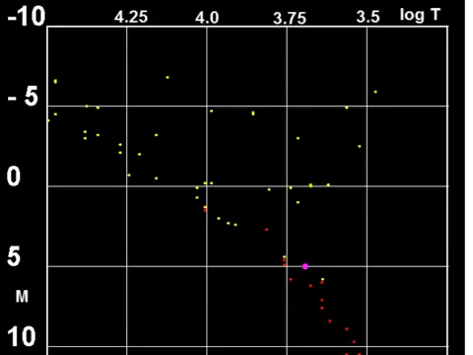Now I need to bring in the HR diagram of the brightest stars. So this one is the HR diagram of the brightest stars.